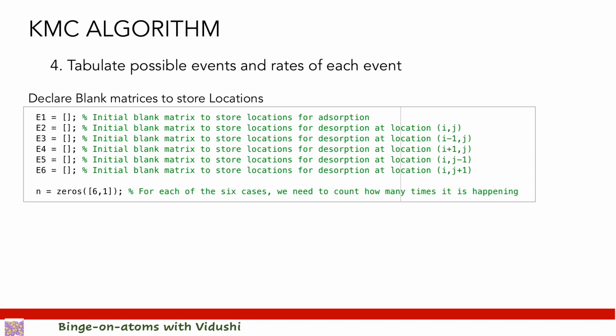The E2 matrix will store all the locations where an atom is present and only one atom is present on its neighboring sites. The same way, E6 will store a location which has the atom present and all the neighboring sites also have an atom adsorbed to them. The N matrix will store the count of locations for each event.